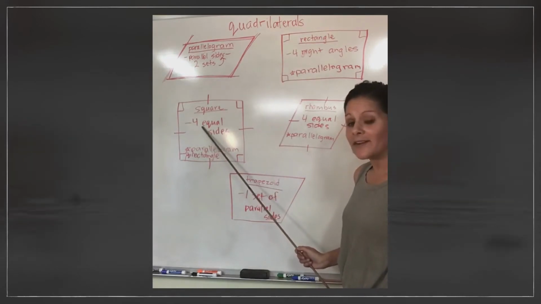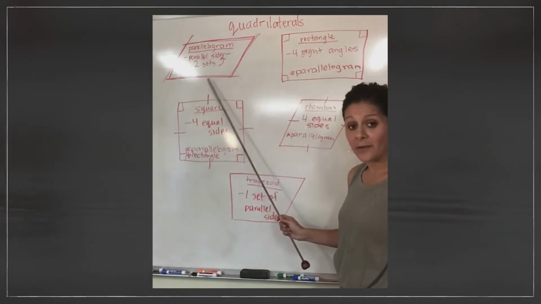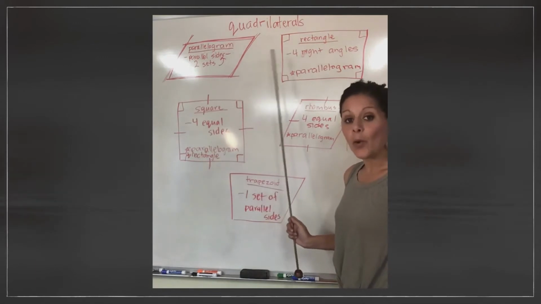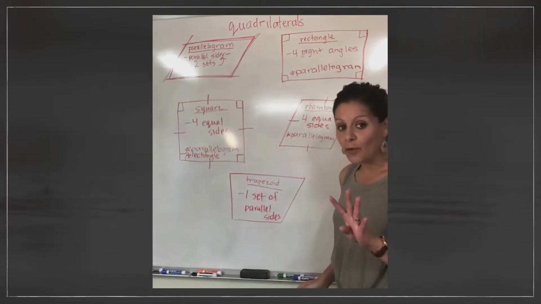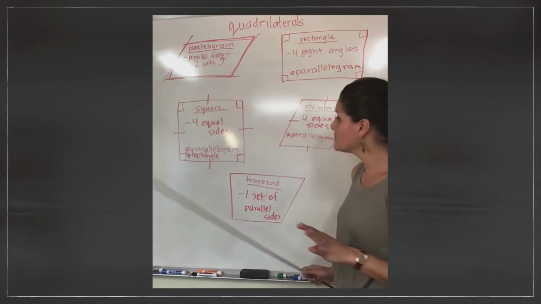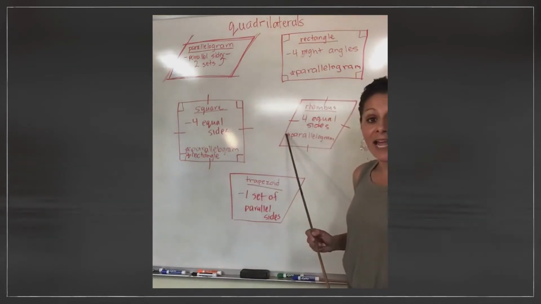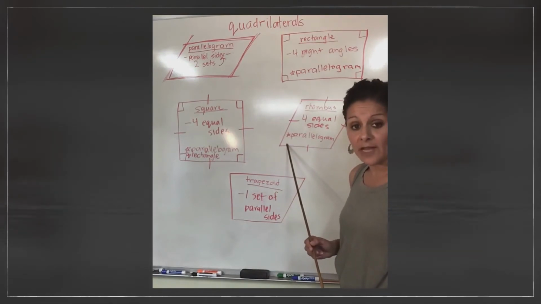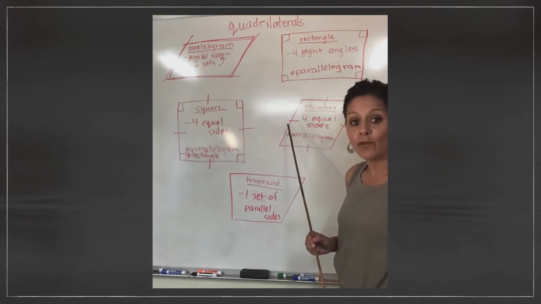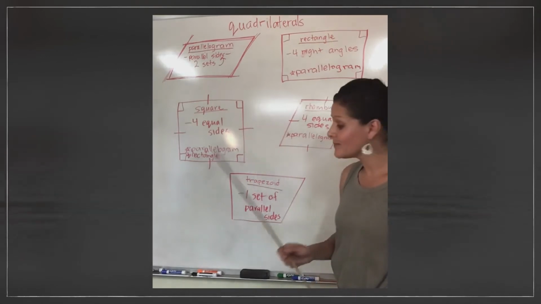A square is also a parallelogram, which is also a rectangle, but it has 4 equal sides. A rhombus is a parallelogram that has 4 equal sides.